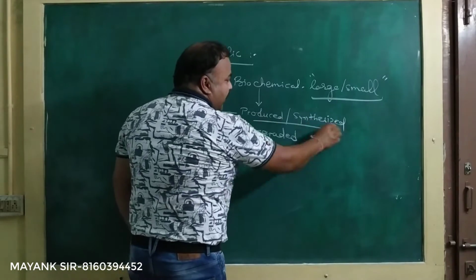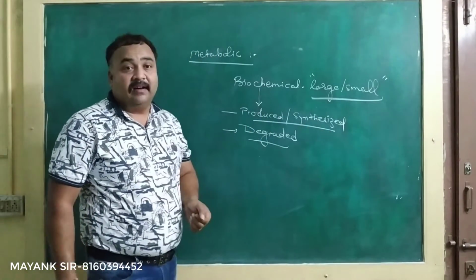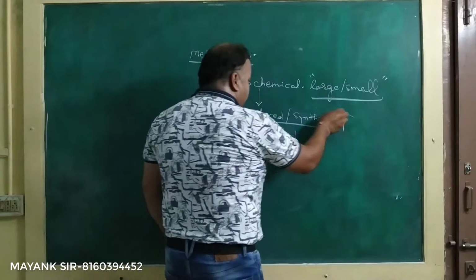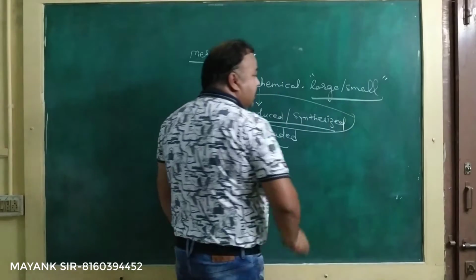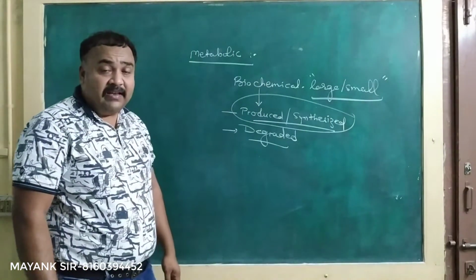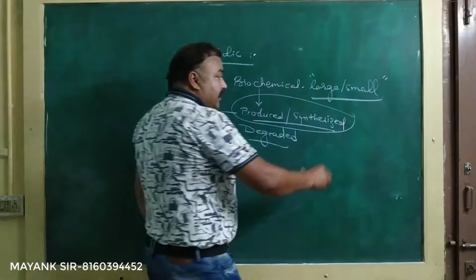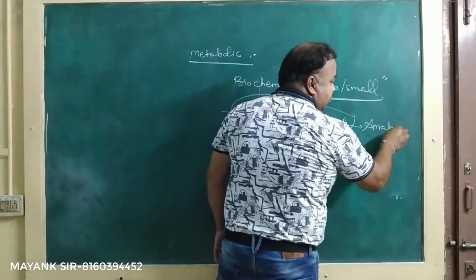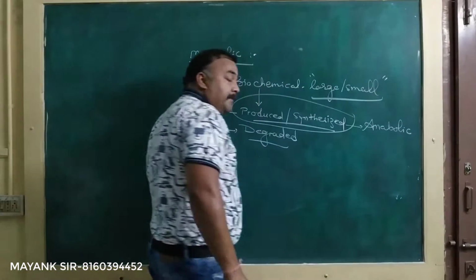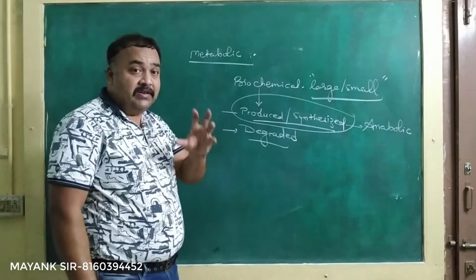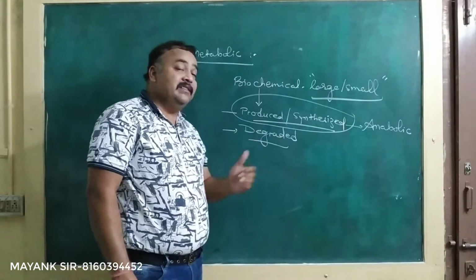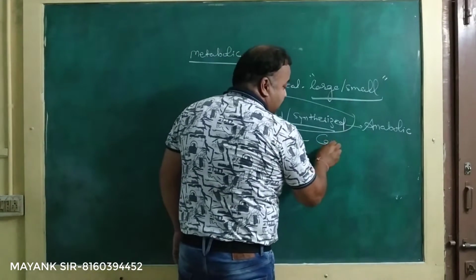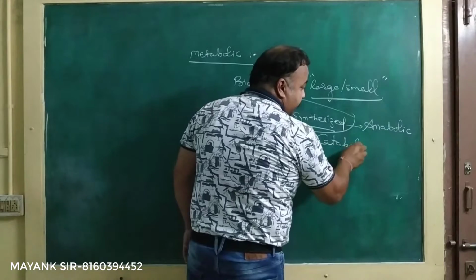So, two different kinds of activities we can observe in living organisms. The ones in which the substances are synthesized or produced are known as anabolic activities. Whereas those biochemical reactions in which the substances are decomposed or degraded are called catabolic activities.